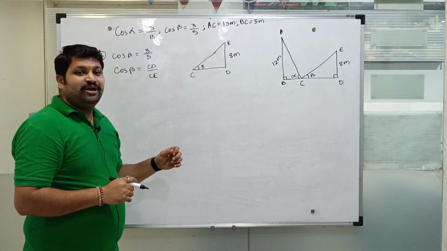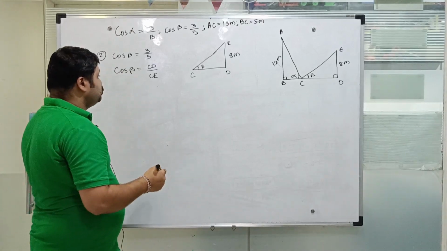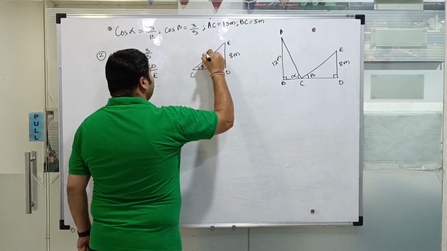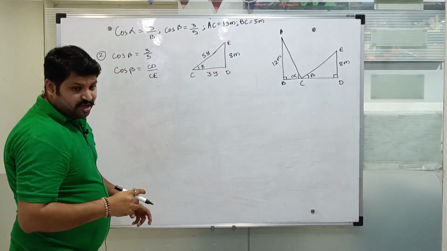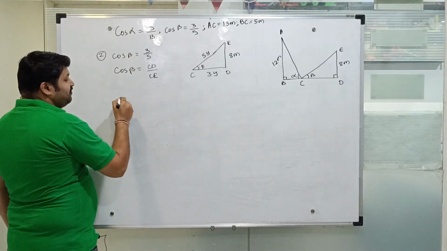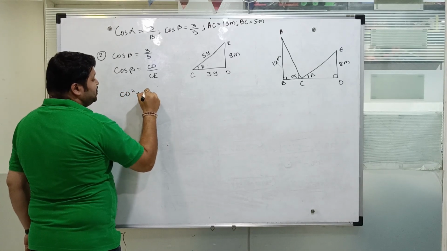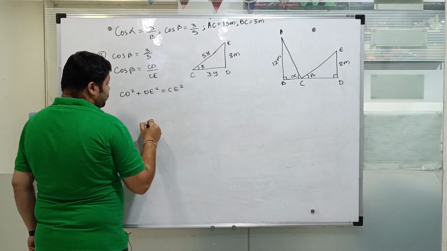Since this is a ratio, let us take another common multiple. We'll call it y. So I can say CE is equal to 5y and CD is equal to 3y. Then we apply Pythagoras theorem one more time, giving us CD square plus DE square is equal to CE square.